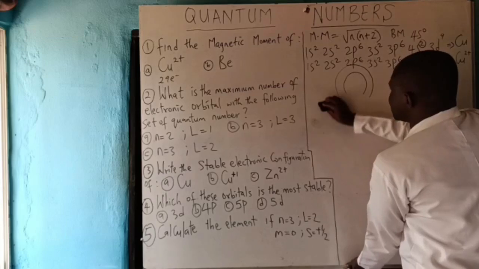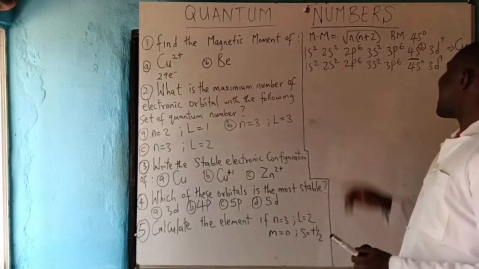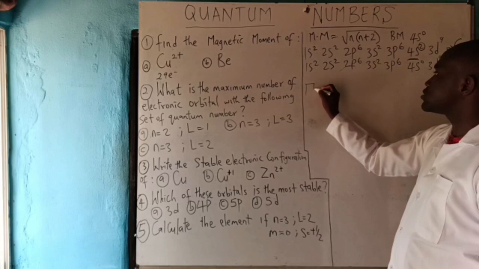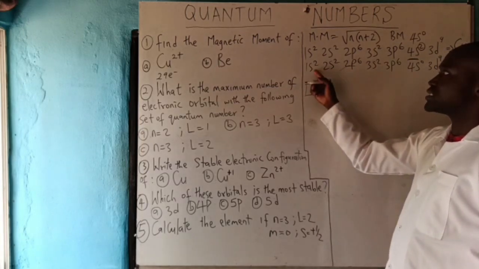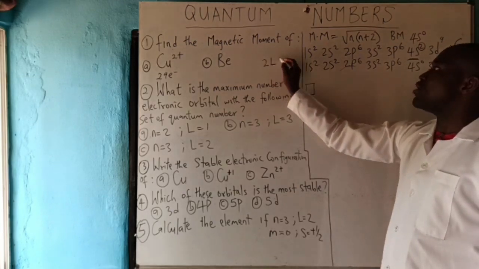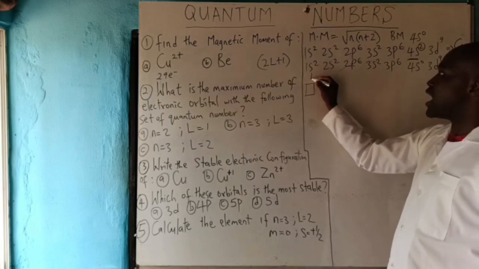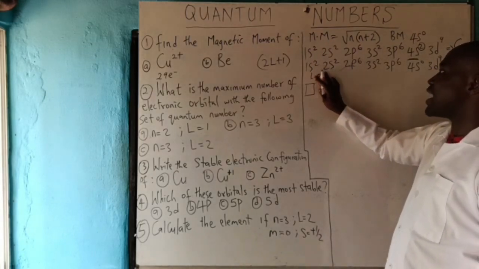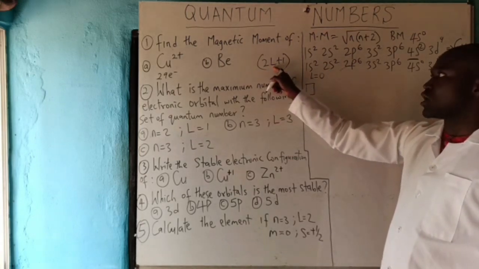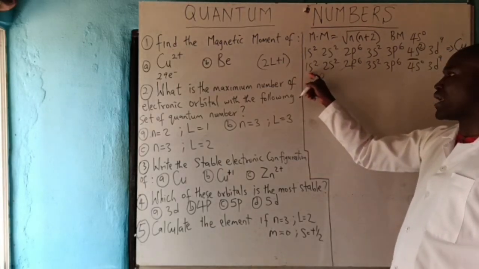Now, after noting this, you will notice that from the formula 2l + 1 for the number of orbitals, s is noted to be l equals 0. When you are talking about the s orbital, we say that l is equal to 0. So 2 times 0, 0 plus 1, is 1. So 1 orbital will be for this 1s.